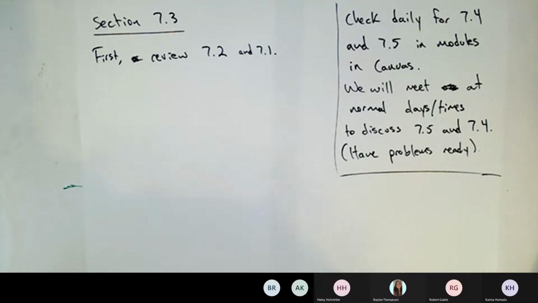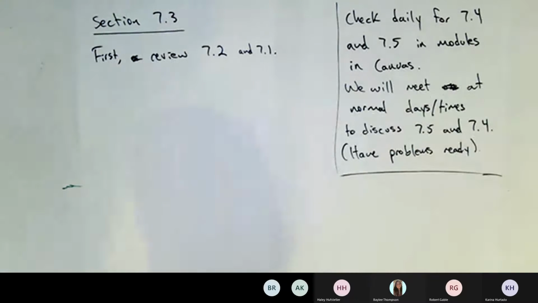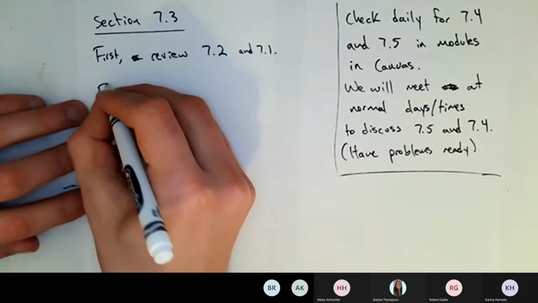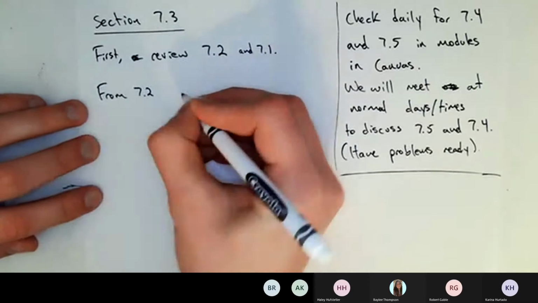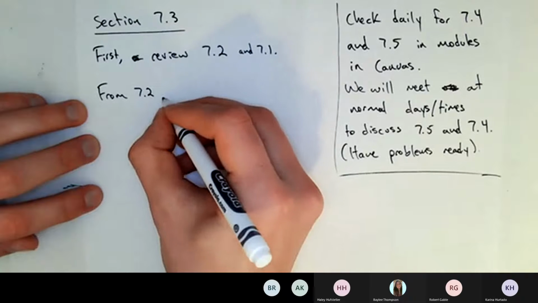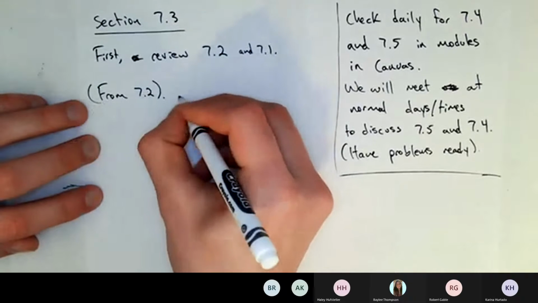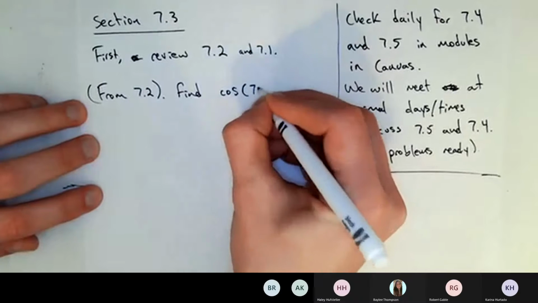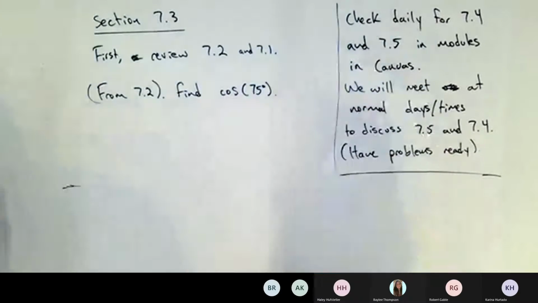Okay. I'd like to just work one problem from 7.2: find cosine of 75 degrees.